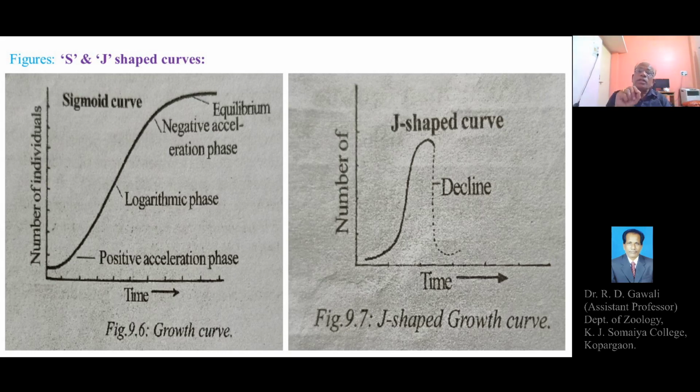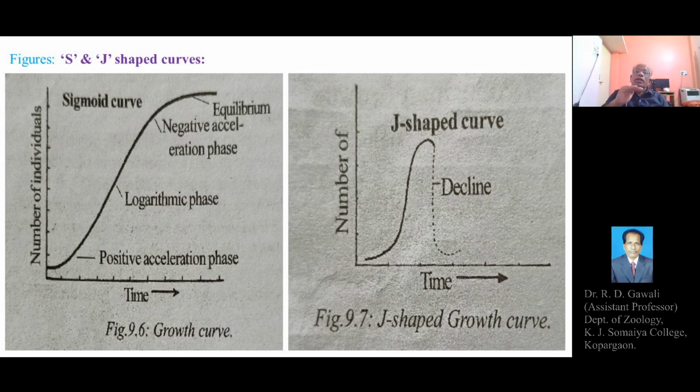The number of individuals increases with a slow growth rate in the initial phase of development, called the positive acceleration phase.